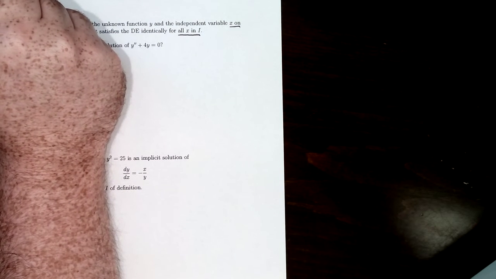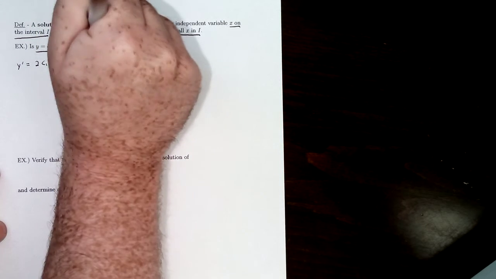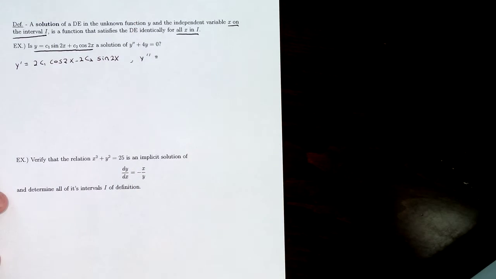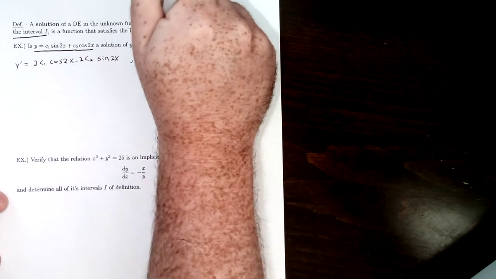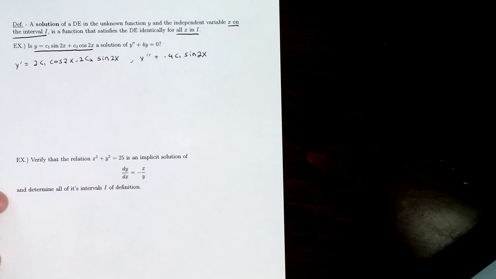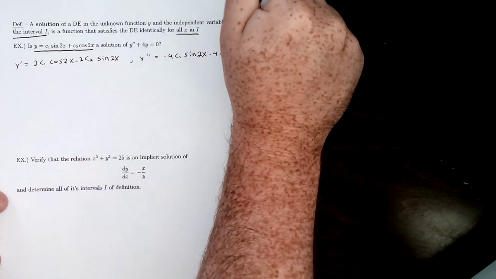So y prime is equal to 2c1 cosine 2x minus 2c2 sine 2x. And then let's compute one more derivative. So y double prime is equal to negative 4c1 sine 2x minus 4c2 cosine 2x.